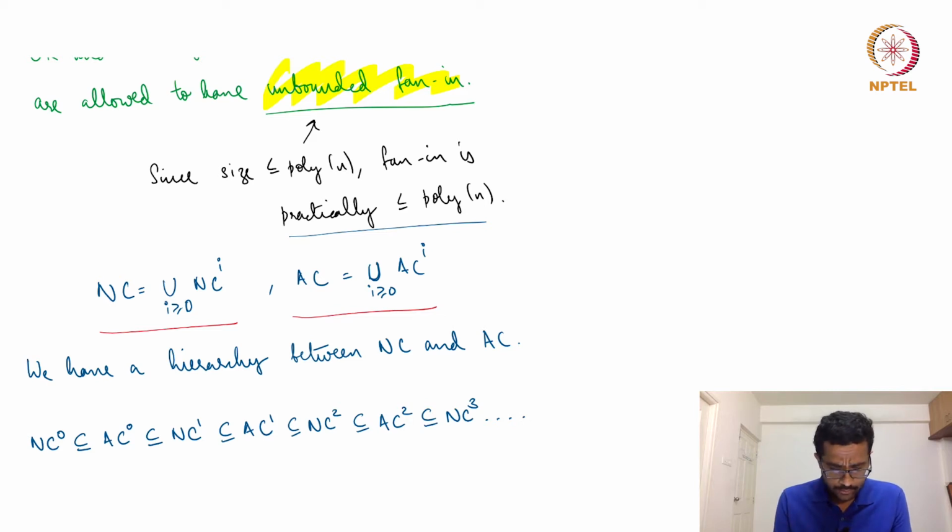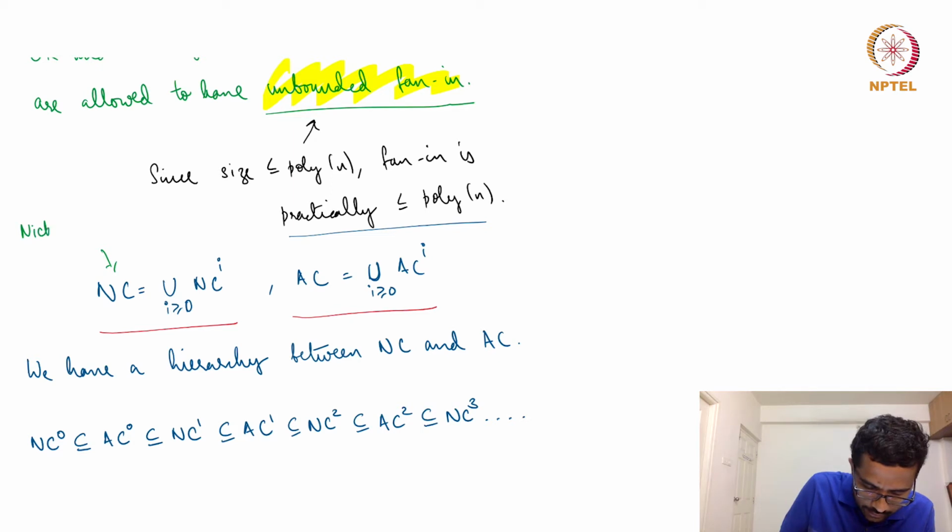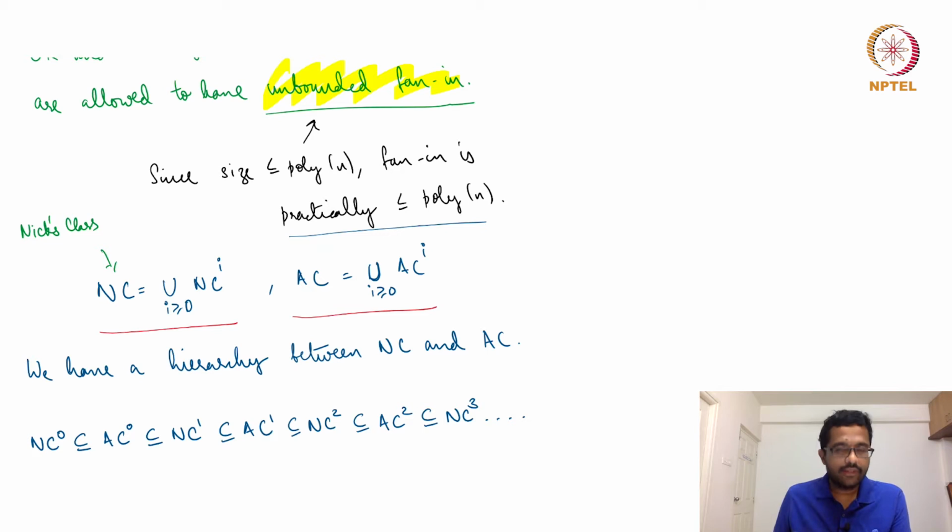Nick Pippenger used to work on these kinds of circuit classes a lot. So the name NC stands for Nick's class. It was named by Steve Cook in honor of Nick Pippenger. And in turn Nick Pippenger named another class SC and called it Steve's class in honor of Steve Cook.